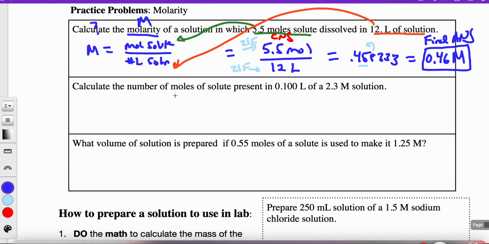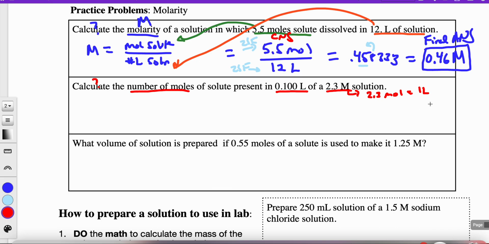Okay, let's take a look at the next question. Calculate the number of moles. In this question, the number of moles of the solute is our unknown, present in 0.100 liters, and we're given a molarity value. This molarity value means 2.3 moles in 1 liter.